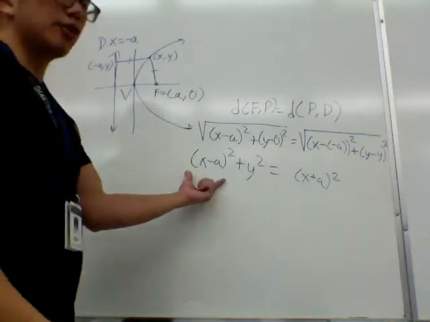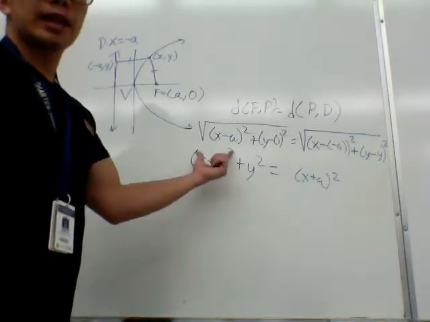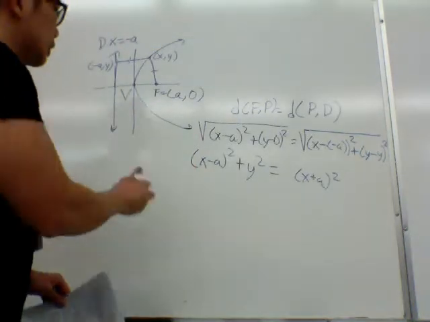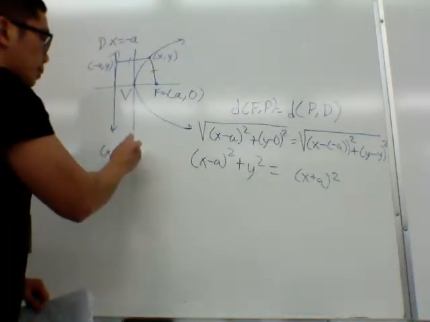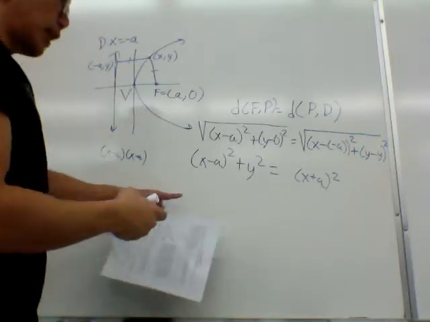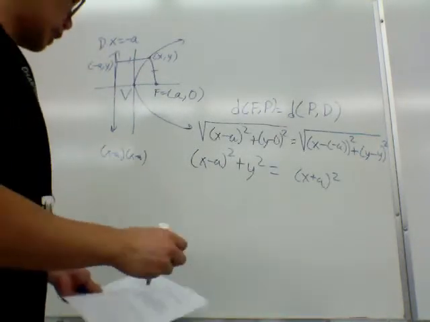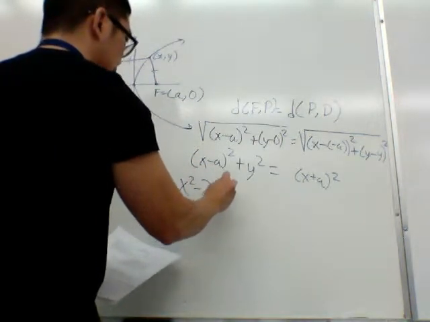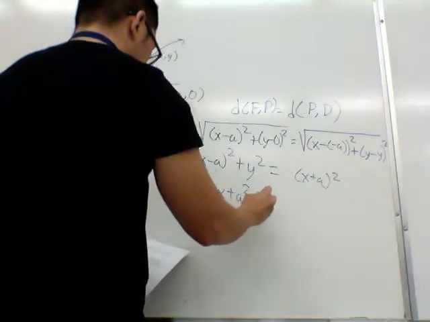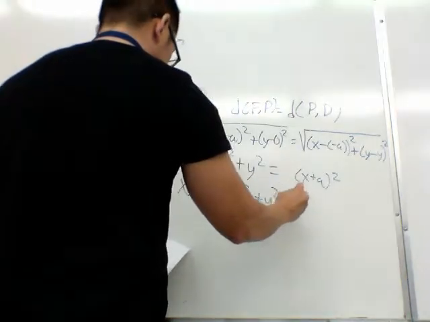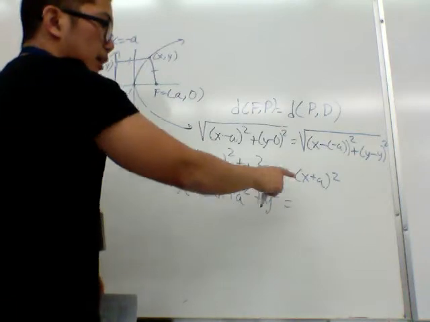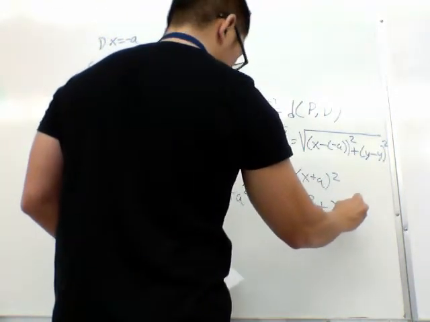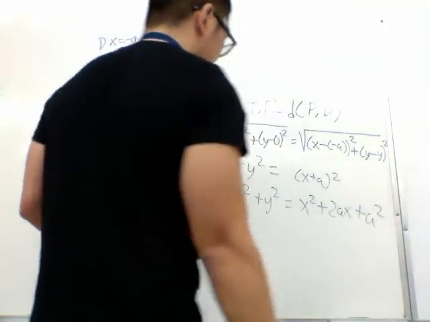Now this just becomes binomial multiplication. (x minus a) squared is really (x minus a) times (x minus a). If you want, you could do it on the side here, but I'm just going to go ahead and write out what the binomial multiplication is here. It's x squared minus 2ax plus a squared plus y squared. And now (x plus a) squared is equal to x squared plus 2ax plus a squared.